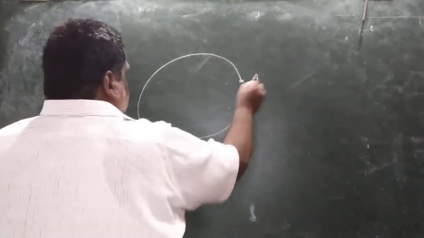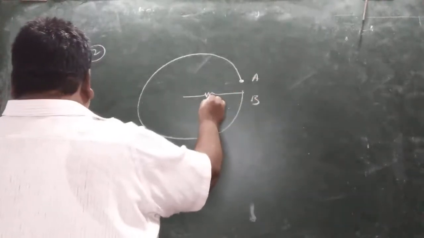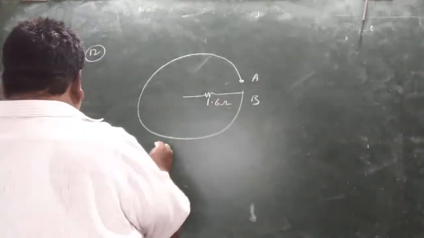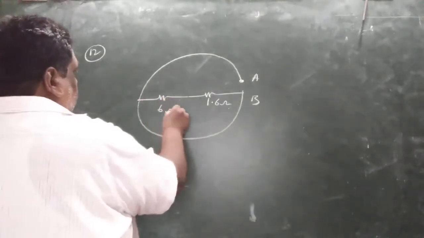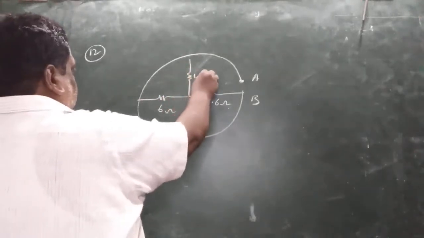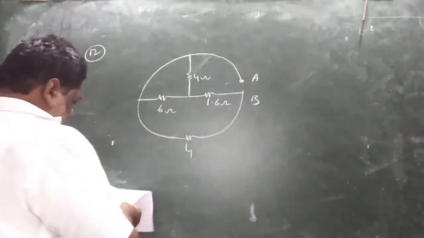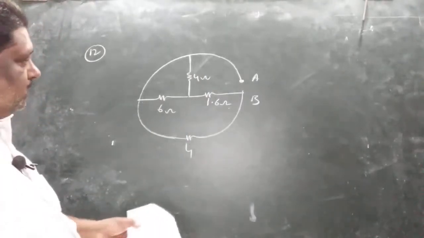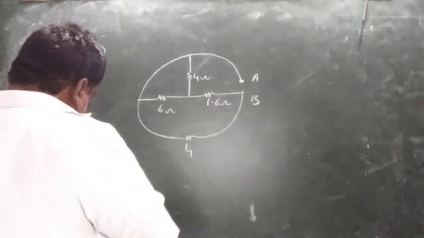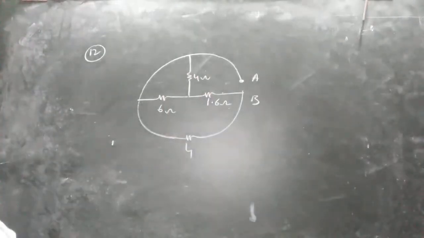This point is called A, this point is called B, here 1.6 ohms, 6 ohms, 4 ohms, and here again 4 ohms. 1.6 is not appearing properly, but anyhow, there are 1, 2, 3, 4 resistors like this. So here, how will you do it?